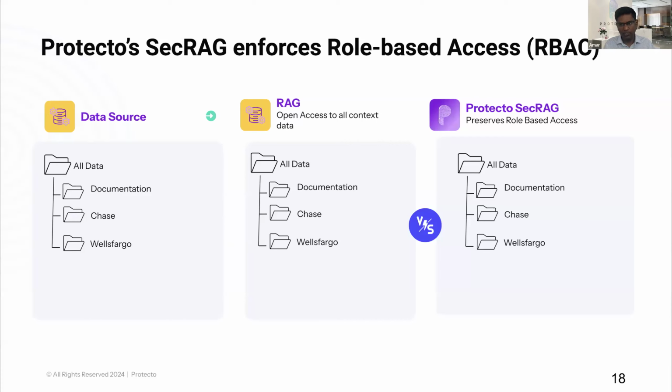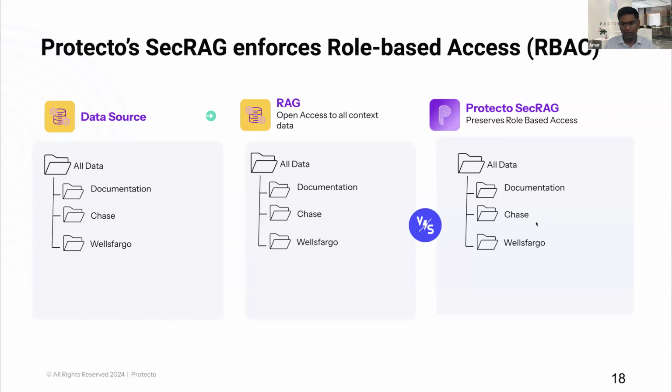So the people who are supporting these banks shouldn't look at the other banks' data, right? So if I'm going to ask a question on a particular error code that appeared, and the question is for Chase bank, I shouldn't be looking at Wells Fargo's data to answer this question, right? So how do you do this?